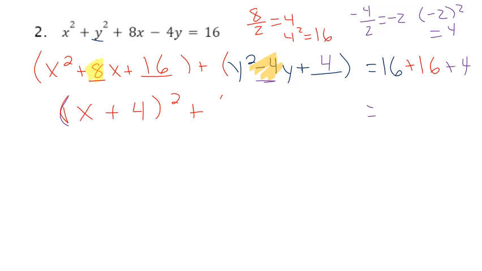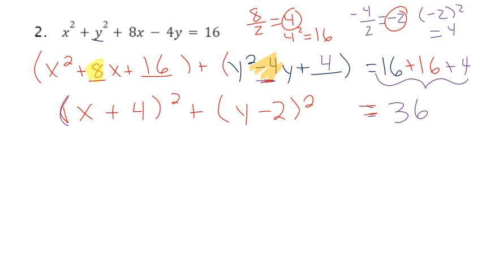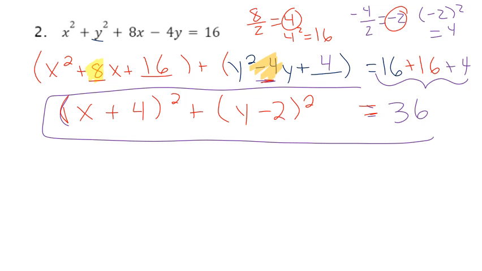And then this would be y minus 2 quantity squared. And then if we go ahead and put our like terms together, we're going to get 36. So this would be our equation.